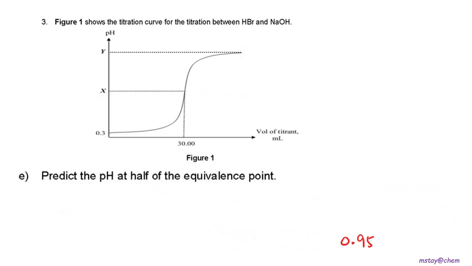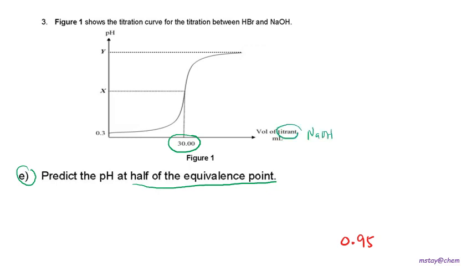Continue with question E. Predict the pH at half of the equivalent point. In the previous question, we already know that at the equivalent point, 30 ml of NaOH is used because the titrant is NaOH.